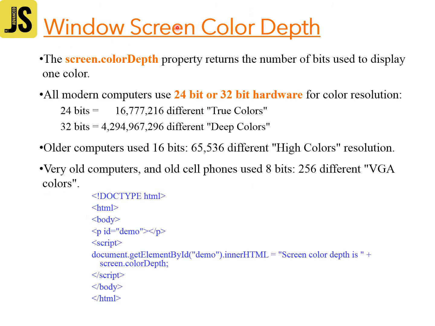The next property is window screen color depth. The screen.colorDepth property returns the number of bits used to display one color. So color depth is a property associated with the screen, and we can directly access it using screen. All modern computers use 24-bit or 32-bit hardware for color resolution.